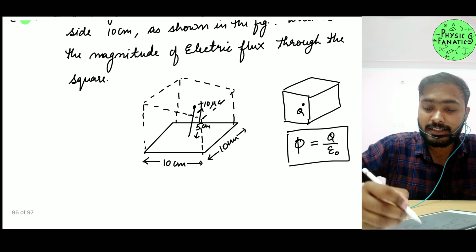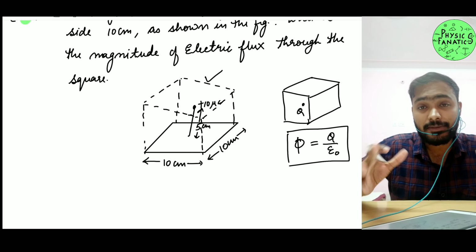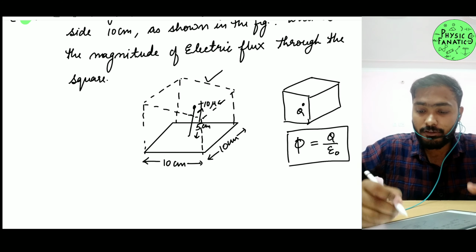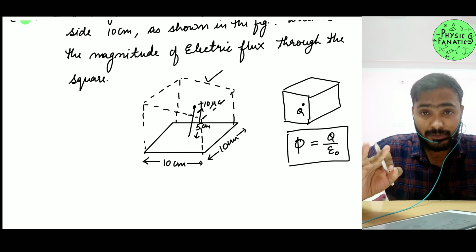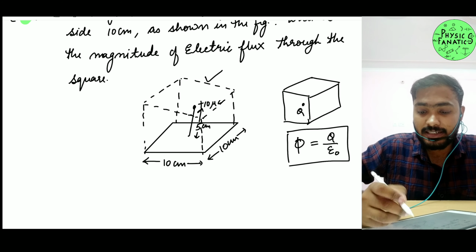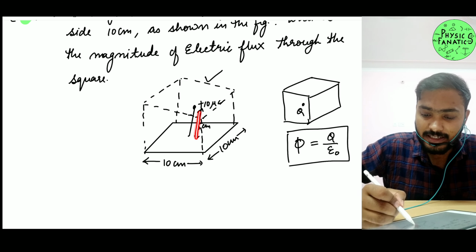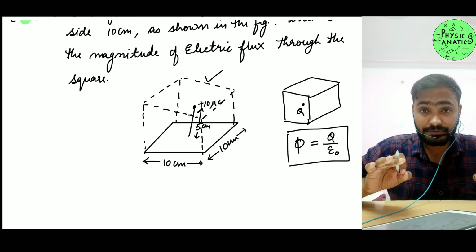So very similarly, same analogy I'm going to use. I have imagined a cube of 10 centimeter as my dimension. All right, and obviously you guys can see this is 5 centimeter. That means the charge is kept at the center, right?